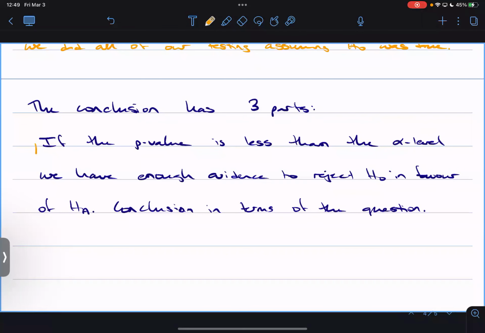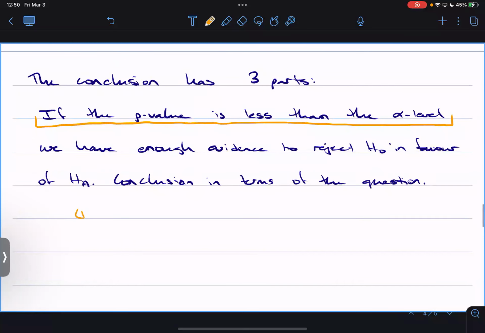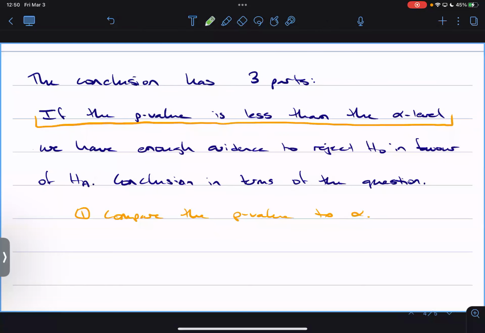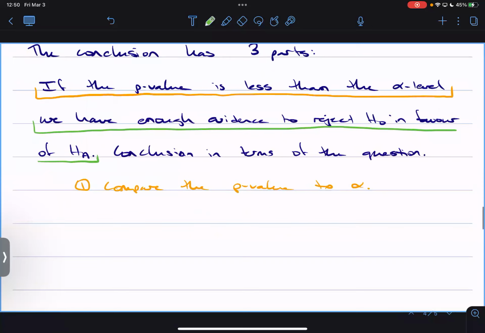So the first part, if the p-value is less than the alpha level, that's your first part. Compare the p-value to alpha. The next part is your conclusion in terms of the null hypothesis.